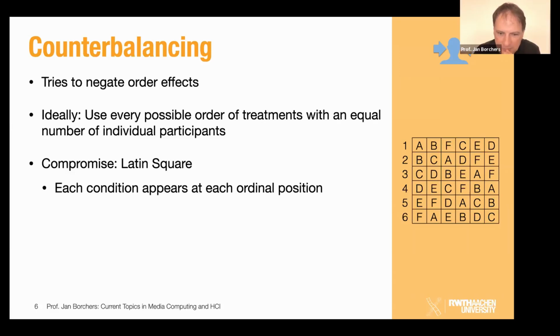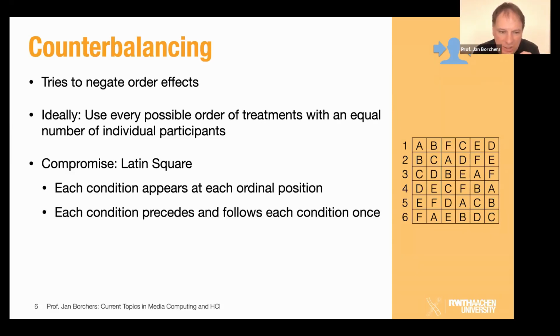And what we then also guarantee with the Latin square is that each condition at least precedes each other condition once, and it follows each other condition once. That's what the Latin square does.